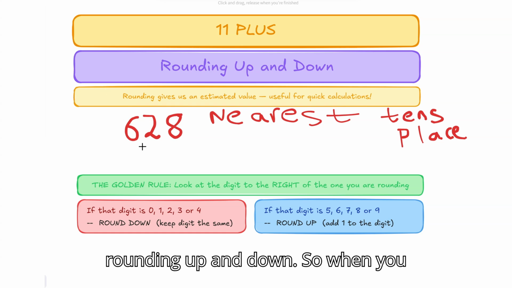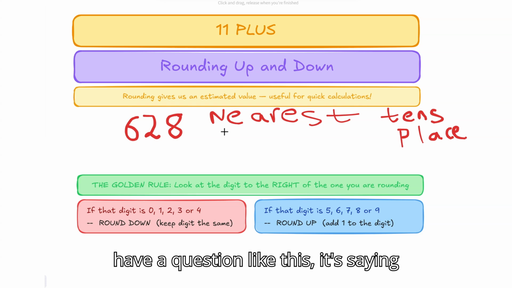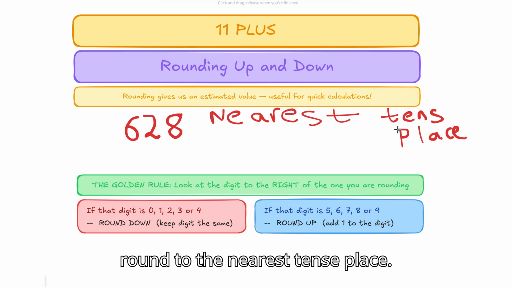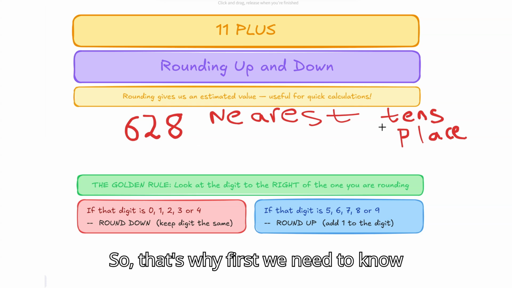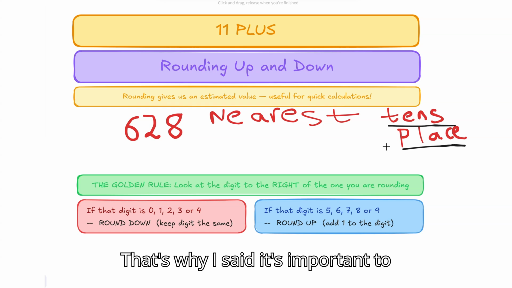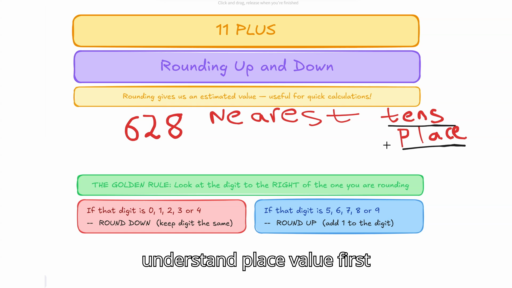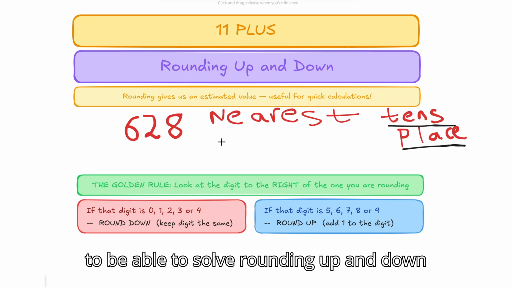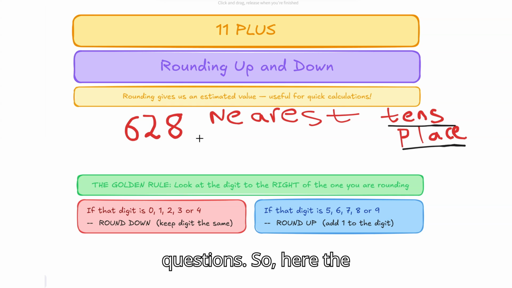When you have a question like this, it's saying round to the nearest tens place. So first we need to know which digit is in the tens place. That's why I said it's important to understand place value first to be able to solve rounding up and down questions.